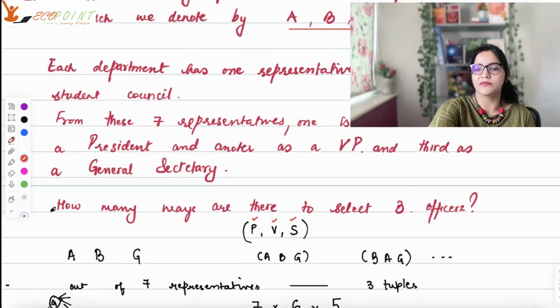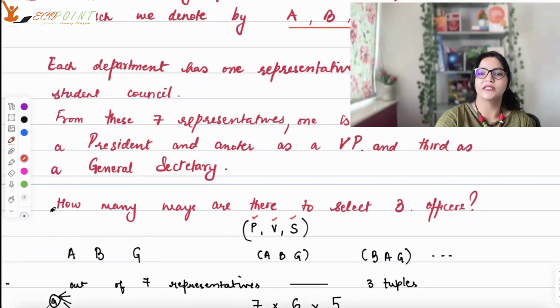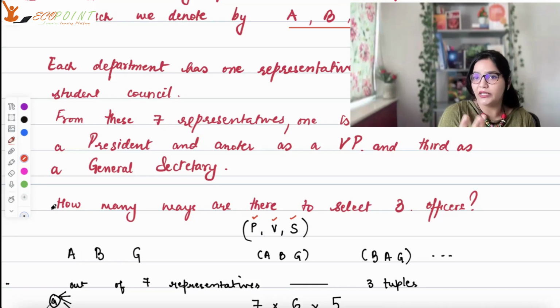Now, out of these 7 representatives, 3 of them would be selected as president, vice president, and secretary. Does the order matter here? Yes, the order matters because these are people. Somebody being the president is a different case compared to that person being the vice president.